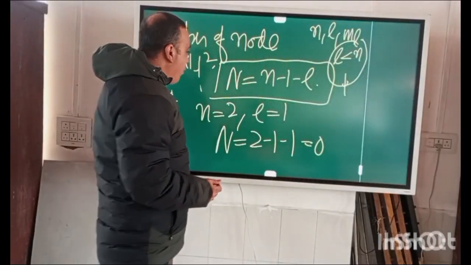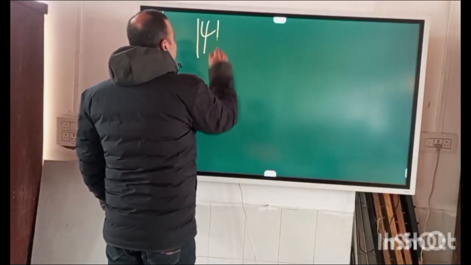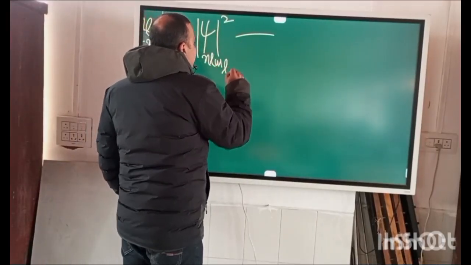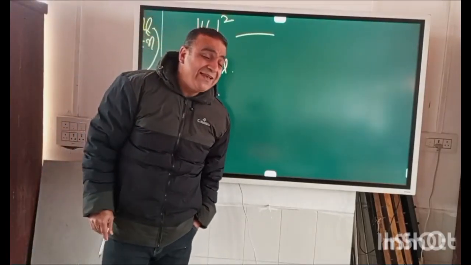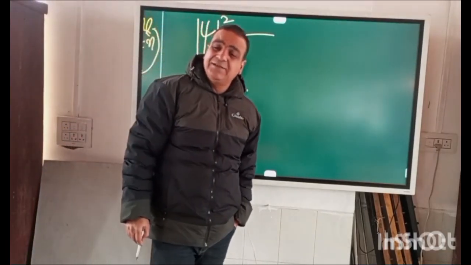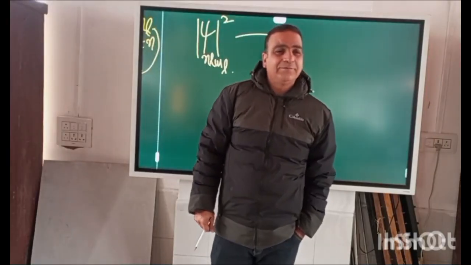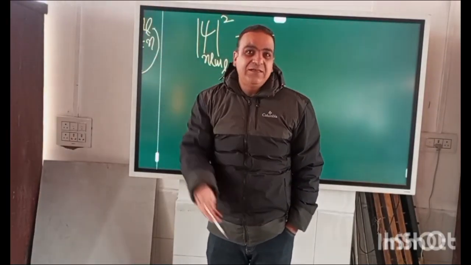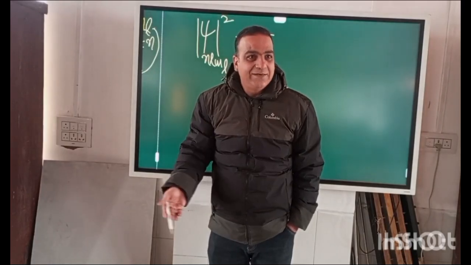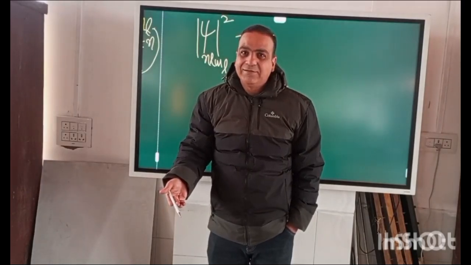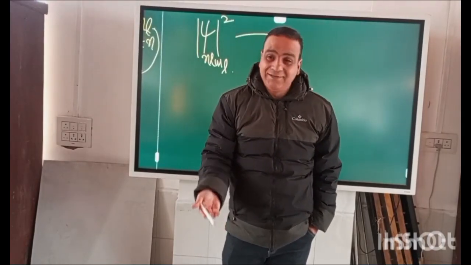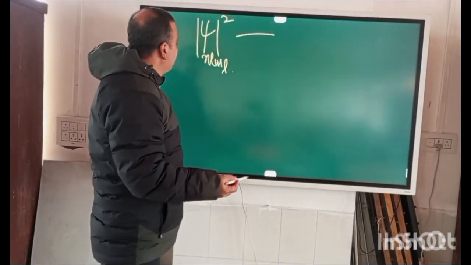Clear? Now, what is psi square? It's the probability density. What do you mean by probability density? It means the ratio between probability and volume. Probability divided by volume gives us probability density. This is what it means.